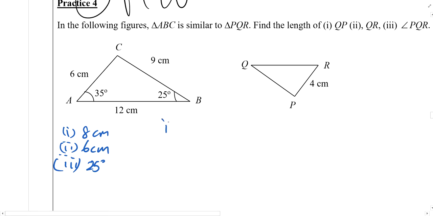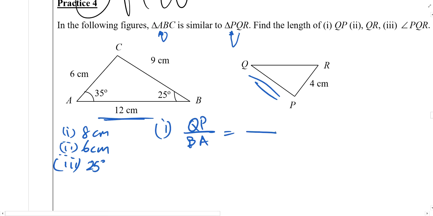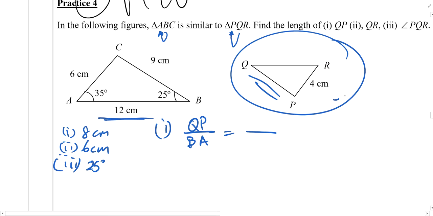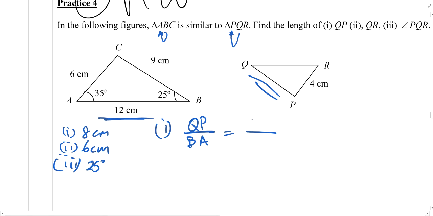QP divided by, so corresponding side, what QP over here, corresponding side must be BA. Okay, QP over here, BA. So it must be the same as another fraction, which you have no choice. For the smaller triangle, you must use PR, because that's the value given to you already.